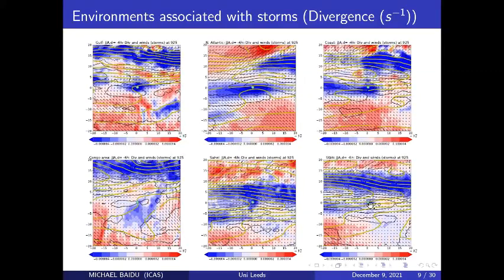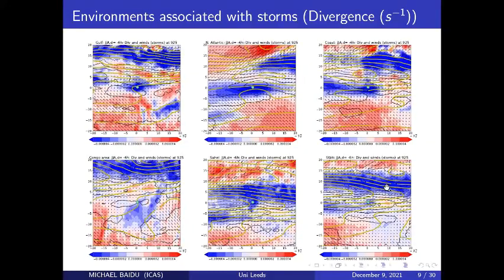In the Sahel and Southern West Africa, one striking thing that you also identify is a large band of convergence located at the north of the storm location, which is an indication of the location of the ITD. The position where you have the ITD, you have that strong band of convergence. So that is what you see at the north of the storm.